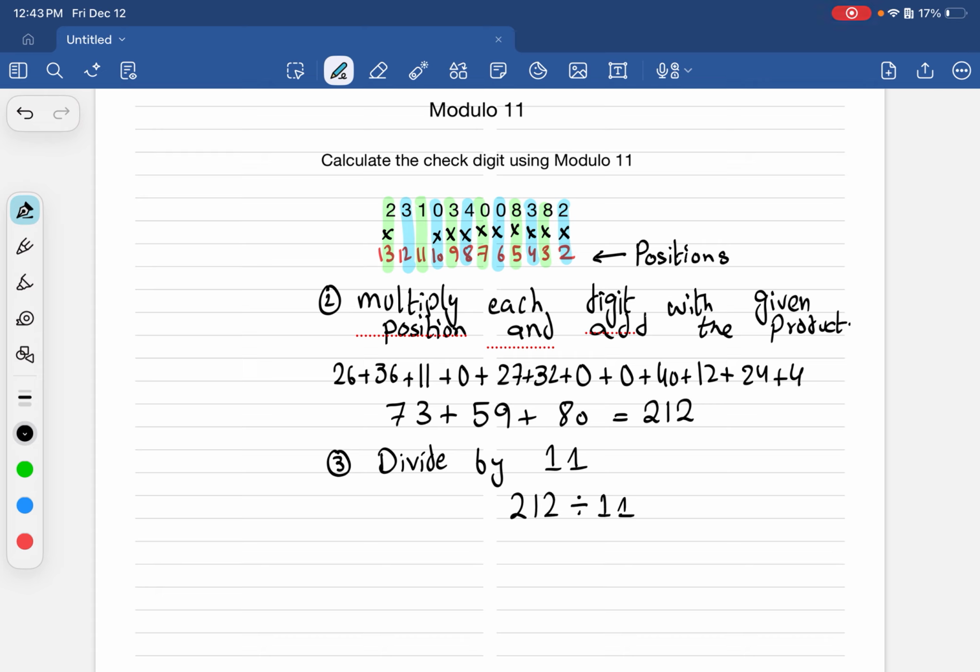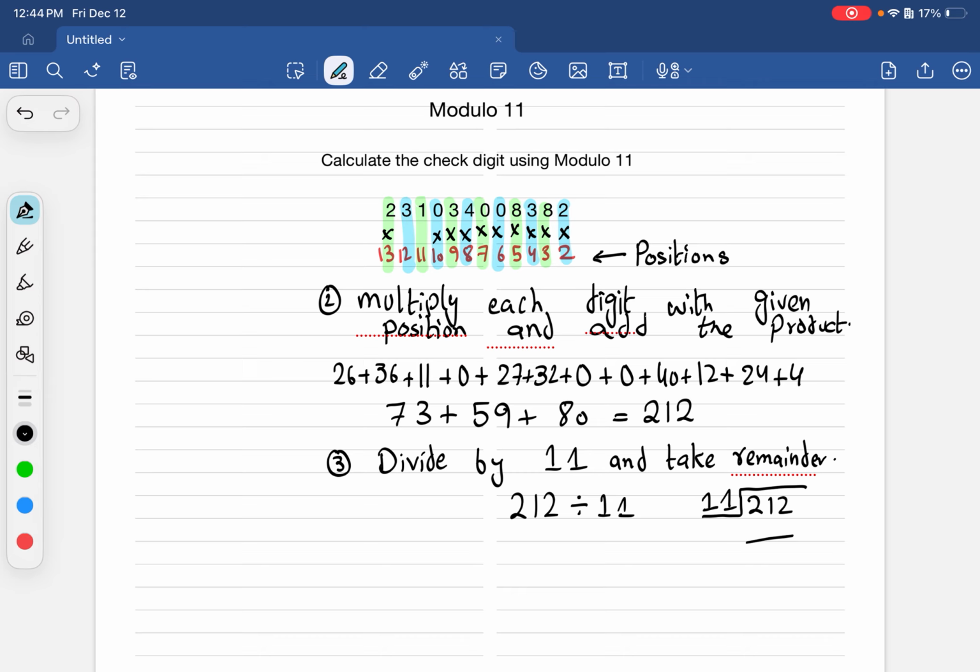Okay, let's actually show this division over here, right? So 212 divided by 11, and we don't just need to divide, we then need to take the remainder also, and then take remainder.